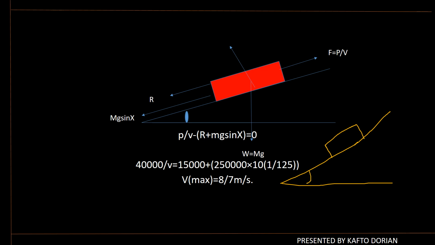I have an angle here, so maybe this angle here is x. So I have my angle here, maybe I can take it as 30 degrees. The center downward is my weight.